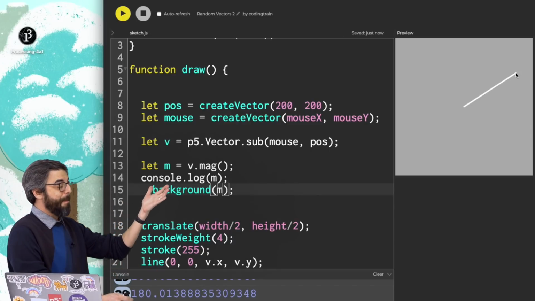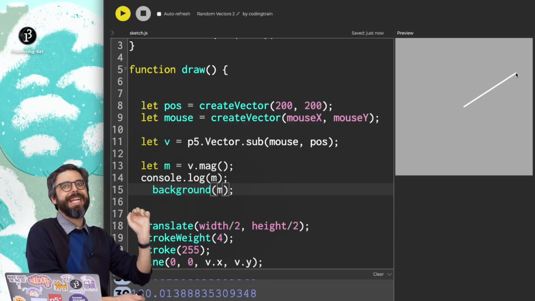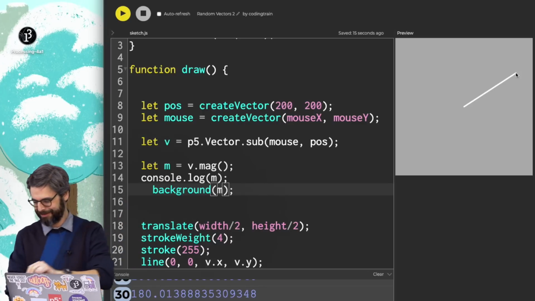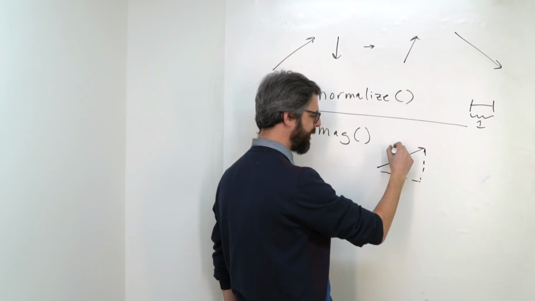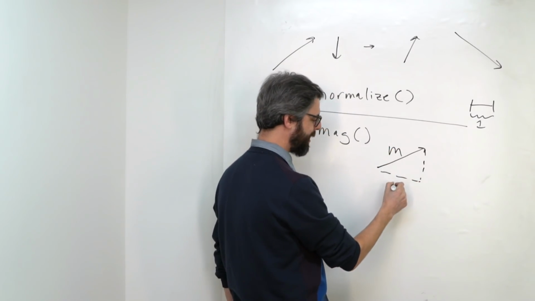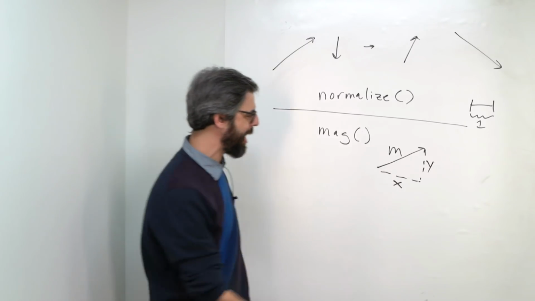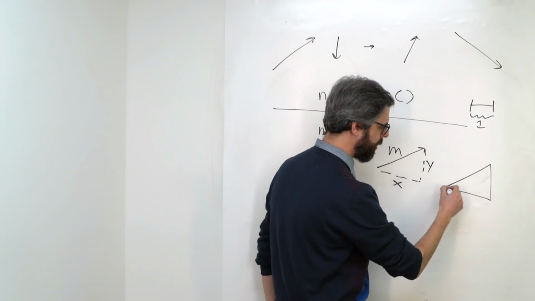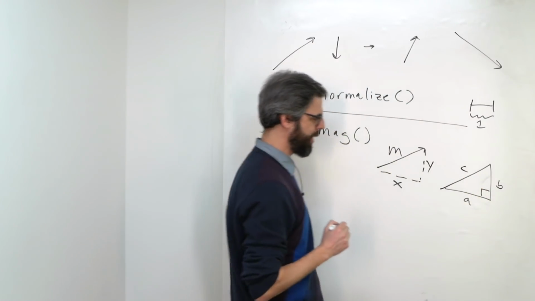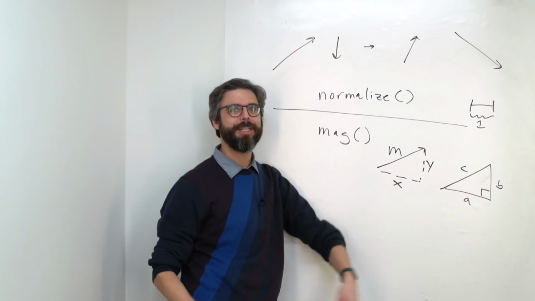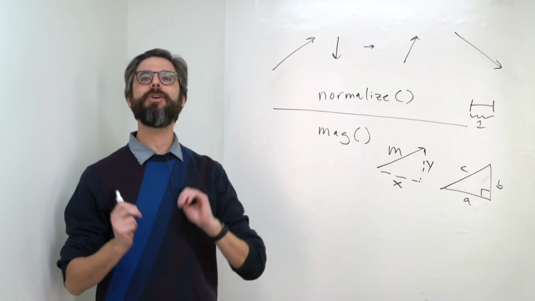And the reason why this magnitude value is so important is it plays a fundamental role in how a vector is normalized. Let's say I take this vector, and this is the magnitude m, and this is the x component and the y component. Well, another way I could draw this diagram is like this, a right triangle with A, B, and C. And if you've ever seen this kind of diagram in a geometry context, you might have seen it paired with something called the Pythagorean theorem.